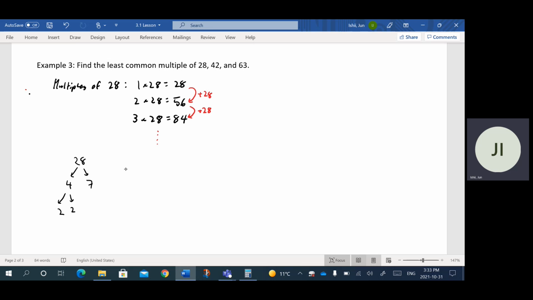So 28 equals 2 times 2 times 7, which is 2 squared times 7.